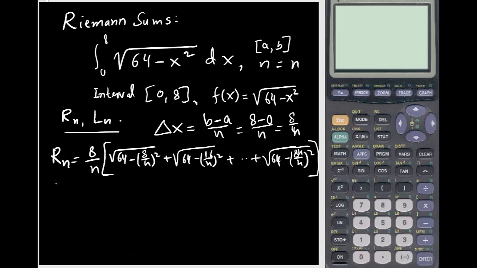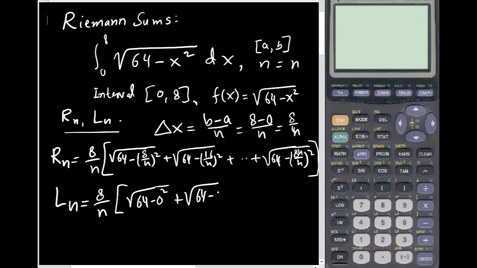Now I'll do this one for left Riemann sum. So left Riemann sum, you know that it will start from 0. So when you start from 0, you get just 64 minus 0 squared, plus 64 minus 1 times 8. It was 0 times 8.